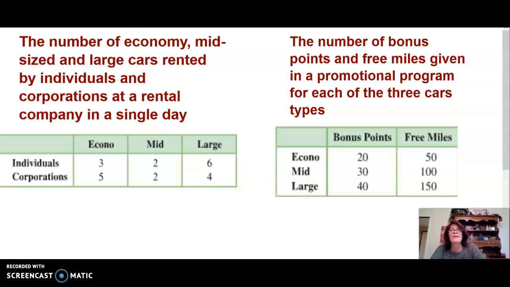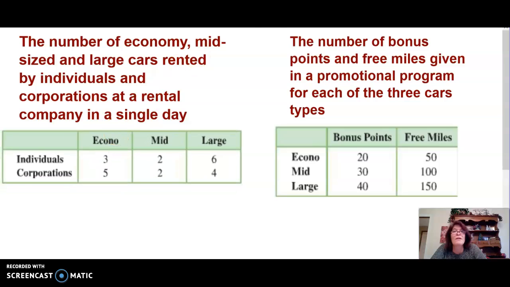What if somebody wanted to know, for whatever reason, how many free miles were given in this promotional program to individuals? How many free miles were given total, okay, from individuals? All right, so look at this. There were 3 individuals who rented an economy-sized car.